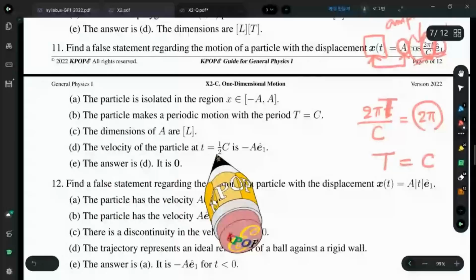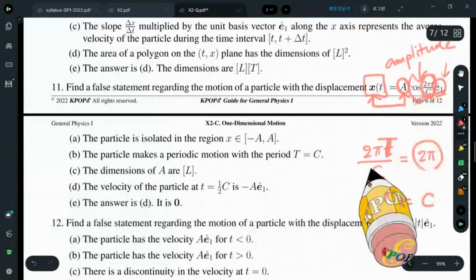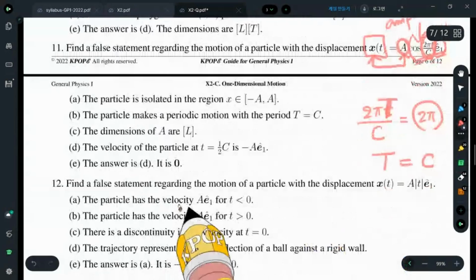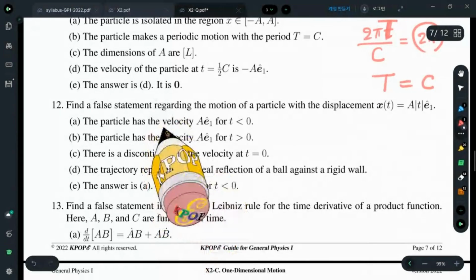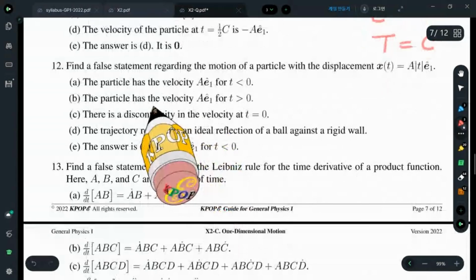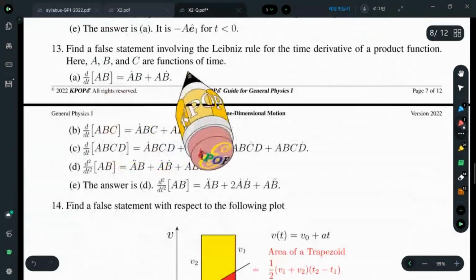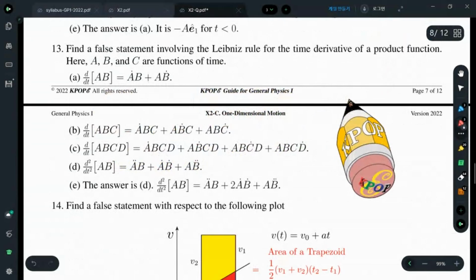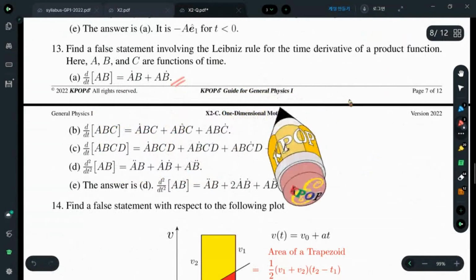The velocity of the particle, you can just evaluate this one. Number 12. Hey, all these are very similar problems. Let me pass. Find the false statement regarding Leibniz rule. So these are Leibniz rule. You must be familiar with everything.